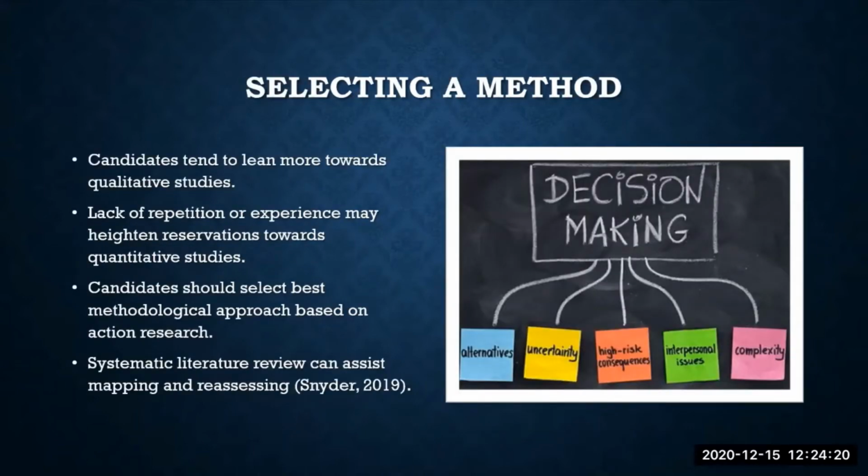Selecting a method. You want to select a method that's best for your particular research proposal, and you want to look at both sides of the fence. I was speaking with somebody the other day, asking about a particular method she could consider for her study, and she mentioned that it was funny that in the beginning, when anything was quantitative, she would not try to understand the t-test, the ANOVA, whether it's statistically significant or not.